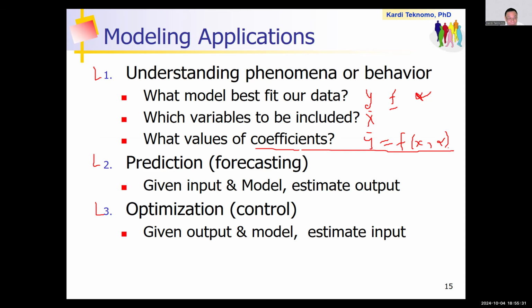Okay, so level 2, given the same y equal to a function of x and alpha. Now, what is given? You have the input x, you have the model f, and in level 1 you calibrated the alpha.